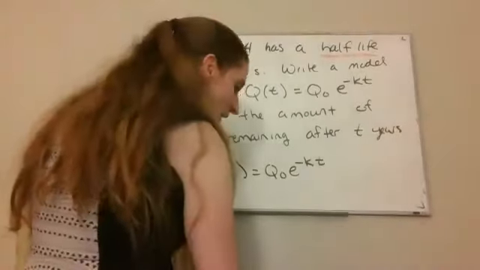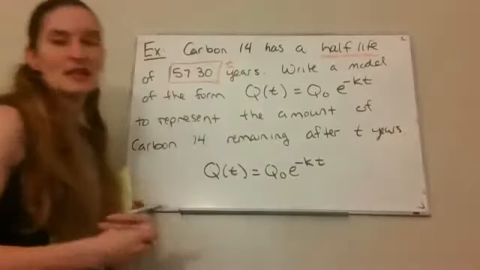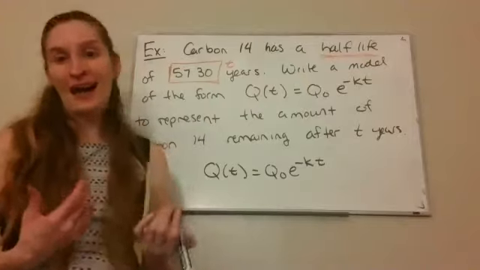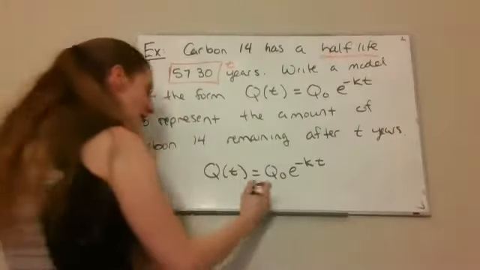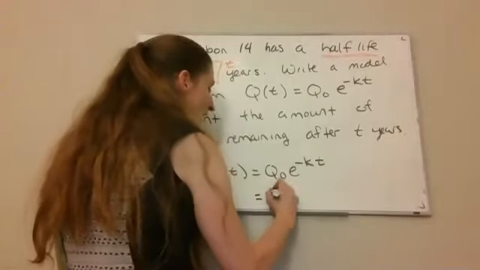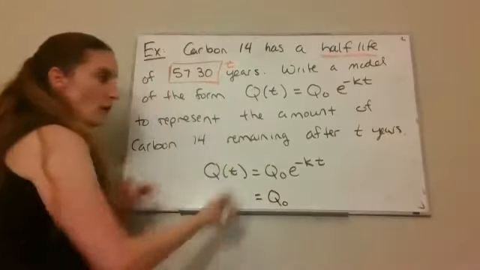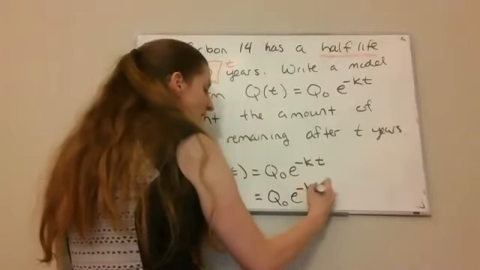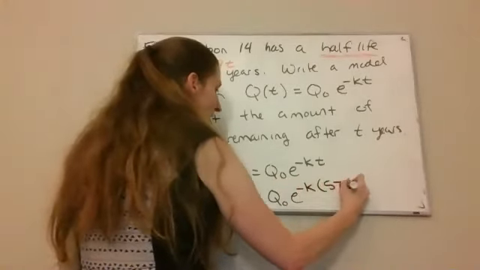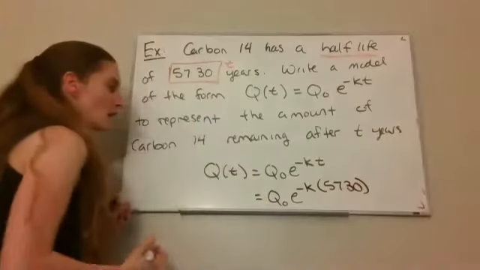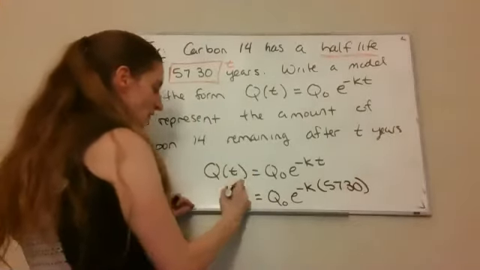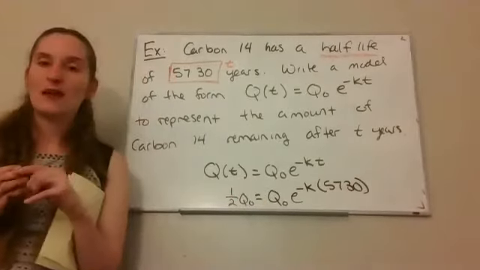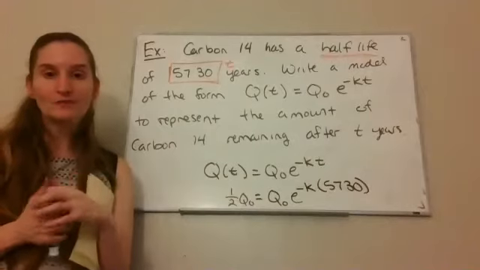Remember, a half-life is the amount of time it takes for the amount of that material to be reduced by half. And what that means is that if I'm starting with Q0 grams of this carbon-14, then after 5,730 years, I should have half of that left. That means the left side of the equation is half of Q0.